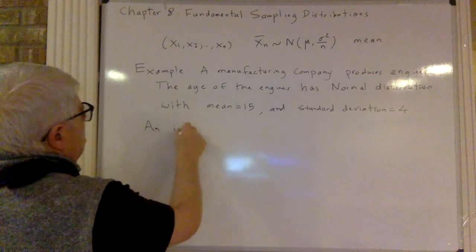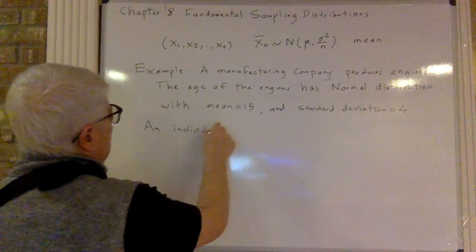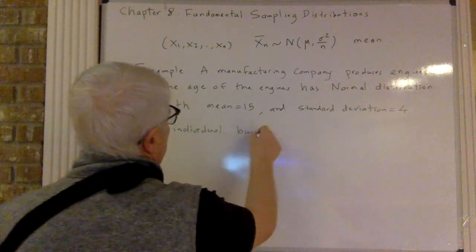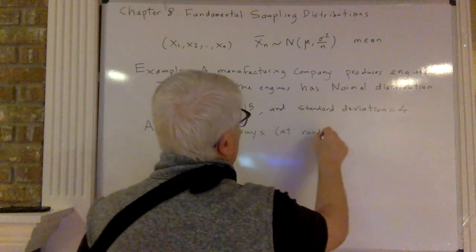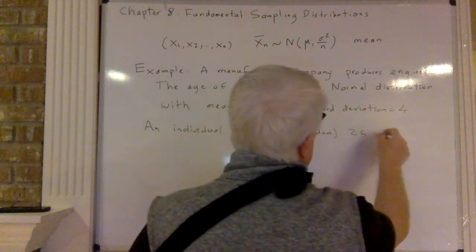An individual buys at random, say, 25 items.